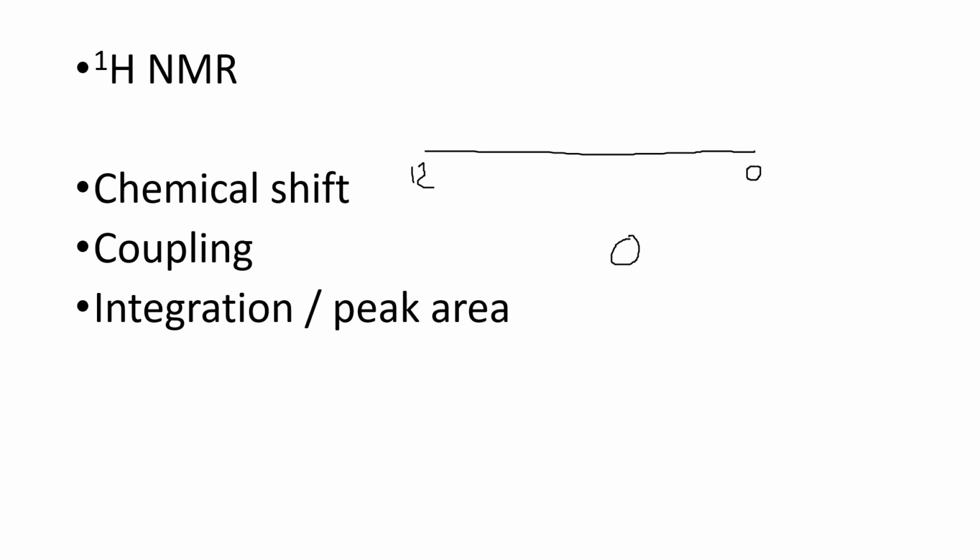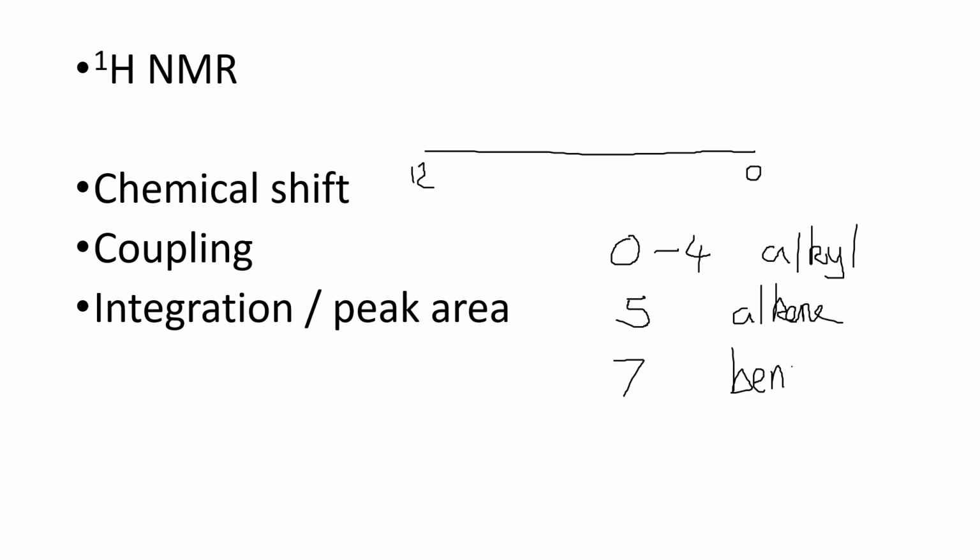So roughly, if the chemical shift is between maybe 0 and 4, just as a rule of thumb, this corresponds to like a standard alkyl chain. If it's around 5-ish, that's an alkene, so bonded to a double bond. If it's about 7, that's benzene, so the hydrogen's on a benzene ring.